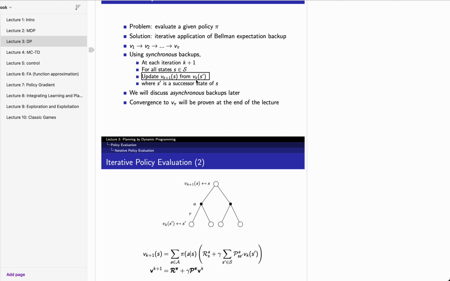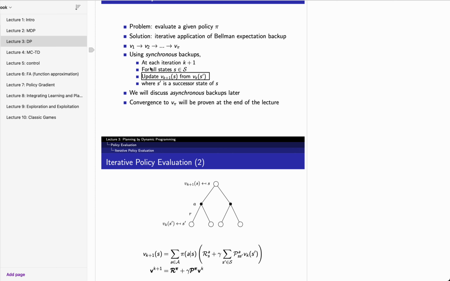So I currently have vk(s). I have future states s prime. The goal here is to use future states s prime to update the value functions of the state s, not s prime, at the next iteration k plus 1.